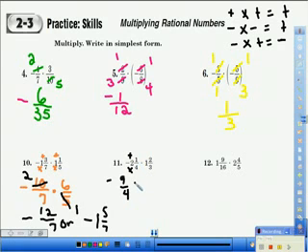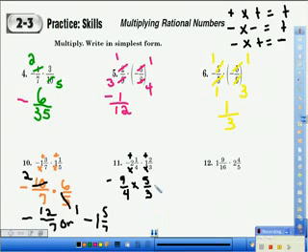And we put our sign back, which is multiplication. And same thing here, change our mixed number to an improper fraction. Multiply and add. 3 times 1 is 3. Plus 2 is 5 over 3.